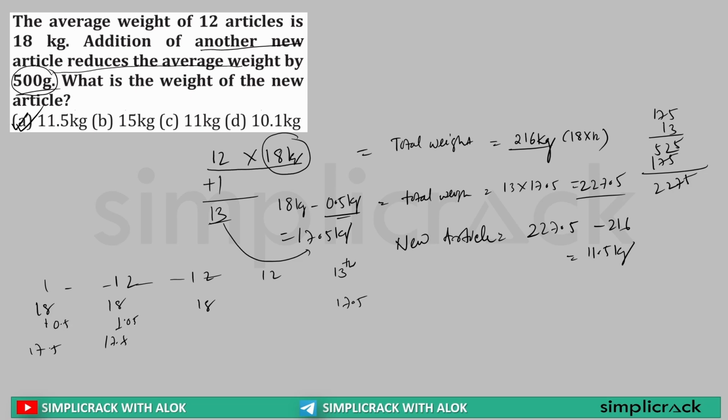And 0.5 kg drop means what? 0.5 kg drop has been seen in 12 numbers. So total drop is what, sir? 12 into 0.5, that is 6 kg. Now this 6 kg has been added here on the 13th number. That's why you are seeing the drop, right? So the 13th number is 17.5 kg minus this value 6 kg, which is equal to 11.5 kg. So this is the actual weight of the 13th number. You can do it this way as well.